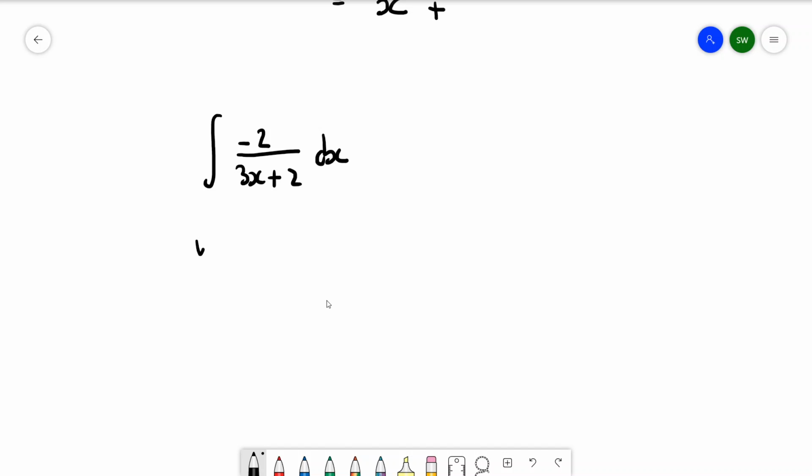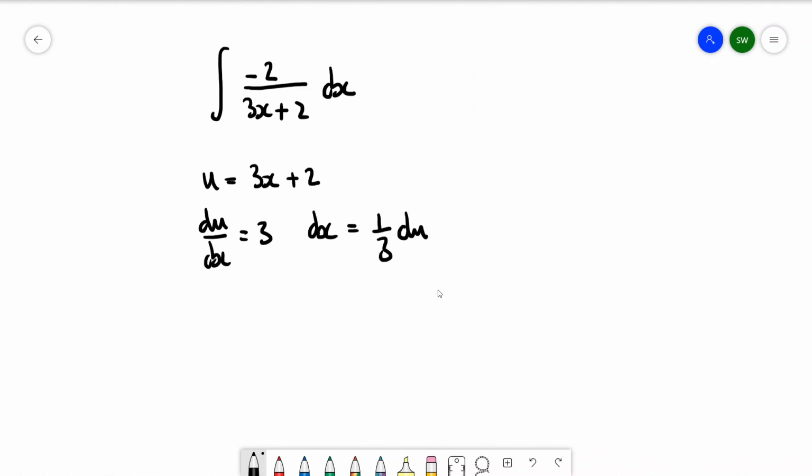The formal method would be to use a substitution. So we'd let u equal 3x plus 2, and that means that du by dx is equal to 3. And if we rearrange that, we'd get dx is equal to 1/3 du. So our integral would be the integral of minus 2 over u times 1/3 du.